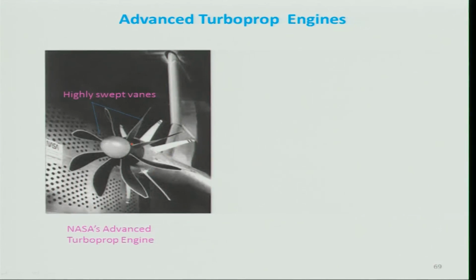To overcome that, one can think of a static kind of solution, but there is another concept which was being used, known as unducted fan engines. If you look at these vanes, you can make them contra-rotating. That means, if one is rotating clockwise, the other will be anti-clockwise. Then what you will get out of it?